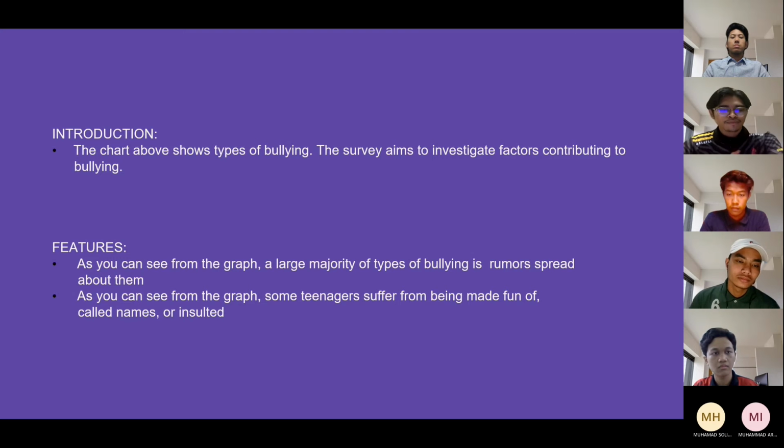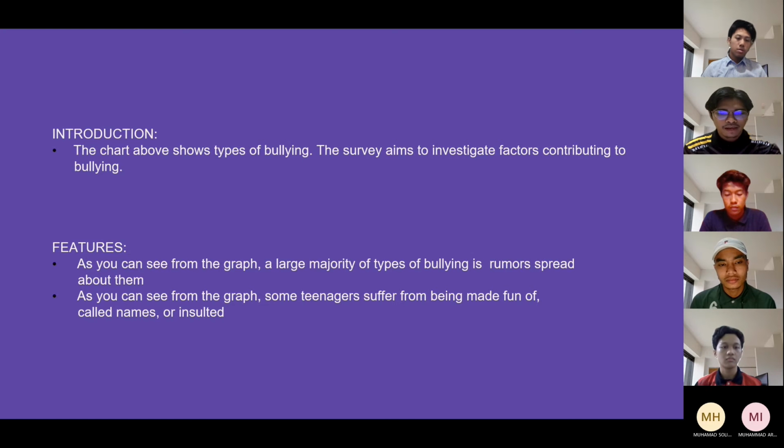The chart above shows types of bullying. The survey aims to investigate factors contributing to bullying. As you can see from the graph, a large share of bullying is rumors spread about them, and some teenagers suffer from being made fun of, called names, or insulted.